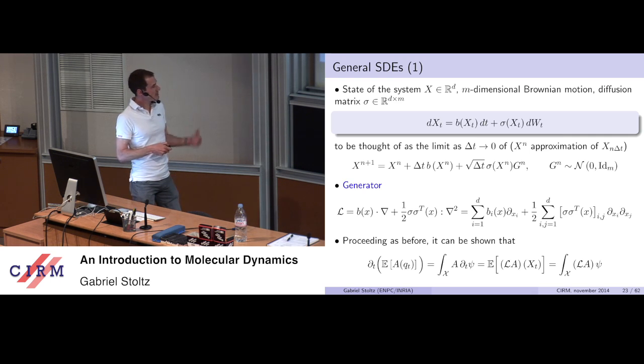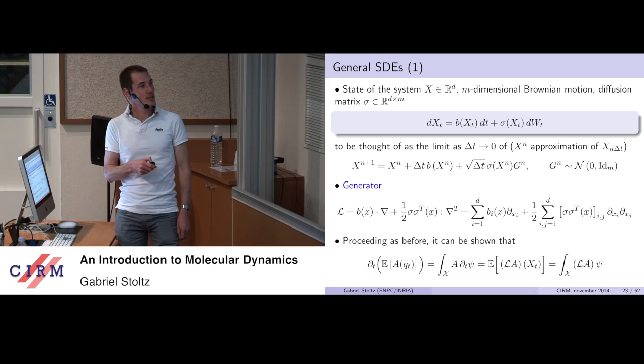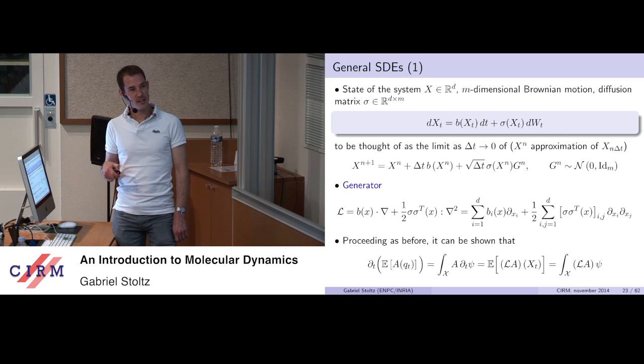And proceeding as I did before, you would start from this numerical scheme and look at what A of x_{n+1} is in terms of A of x_n and its derivative. You can work out that the derivative of some average property at time t is given by the average of the generator applied to A times the probability distribution psi.